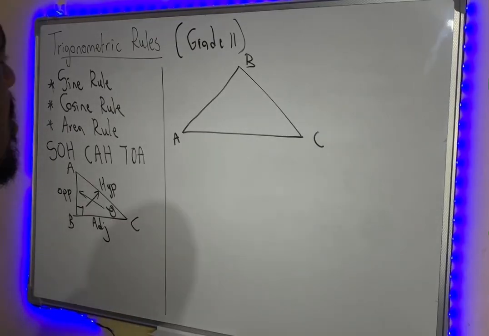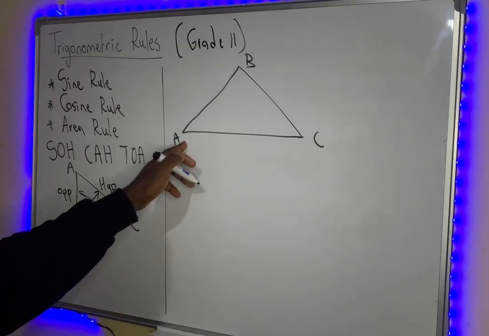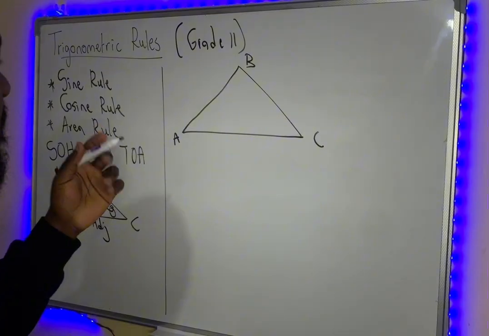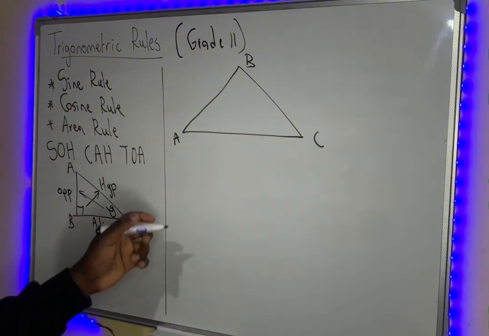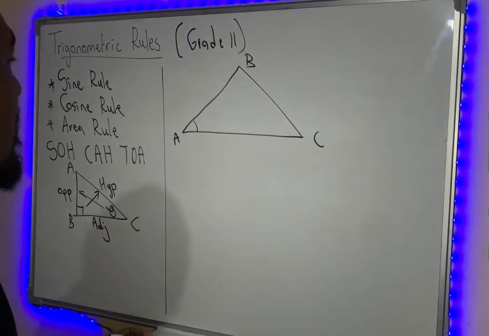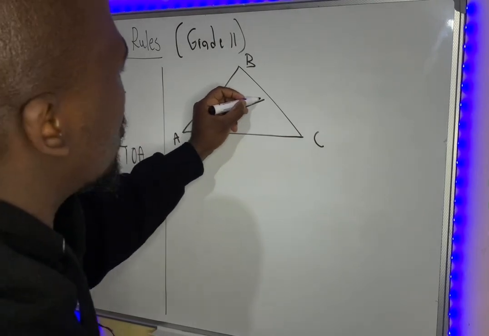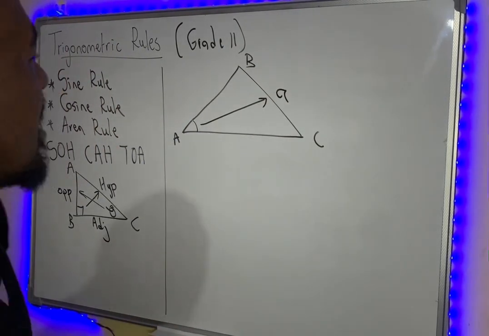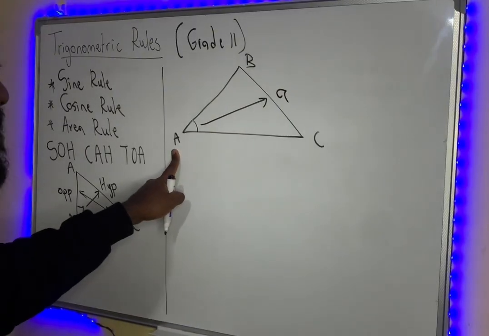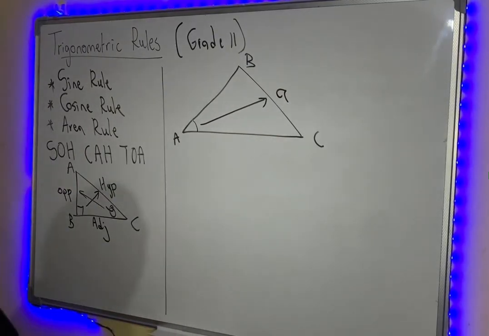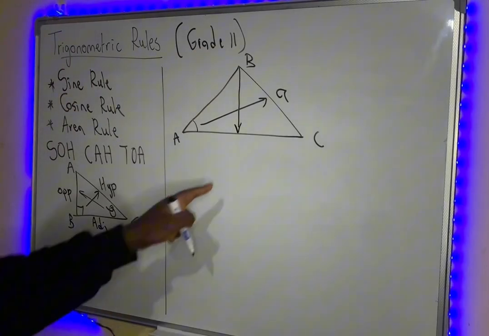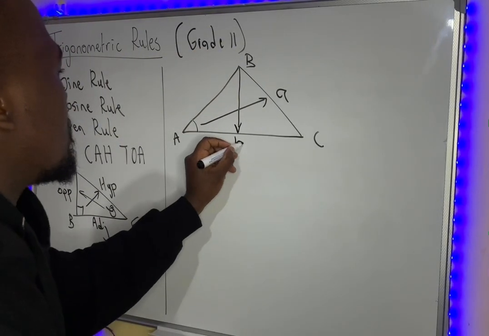So I want you to see now how we name the sides of a triangle. The side that is going to be opposite to this vertex, remember, a vertex is the corner where two edges meet and form an angle in a shape, right? So it's angle A which is opposite to this side. Since it's opposite to this side, we're going to name it small letter a for this capital letter A. Then this side is going to be small letter b.